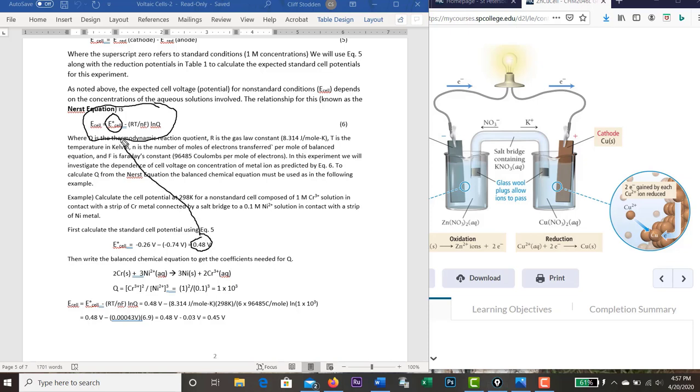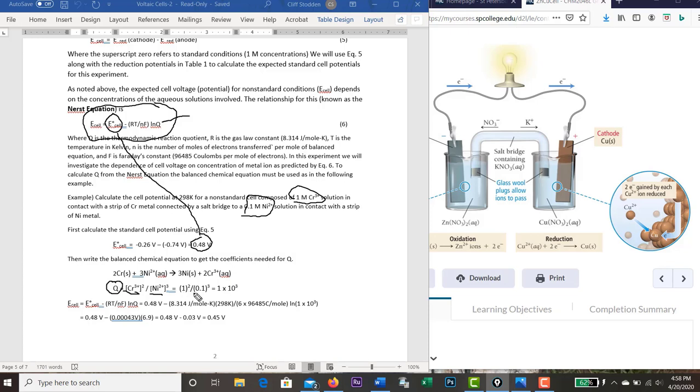So that goes in there, and then you subtract this whole expression here, which is RT over NF ln of Q. Q here is the reaction quotient. So Q is always products over reactants. So the value of Q here would be the product chromium solution concentration divided by the reactant, the nickel concentration, cubed, because there's a 3 in front of it here.